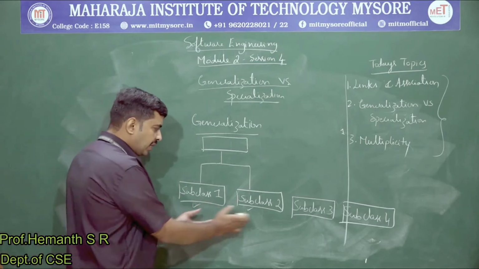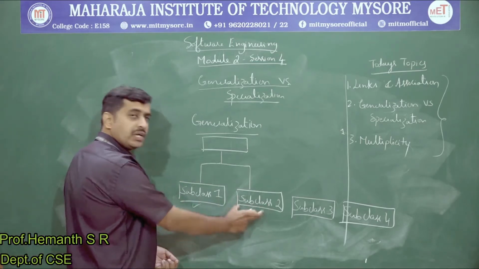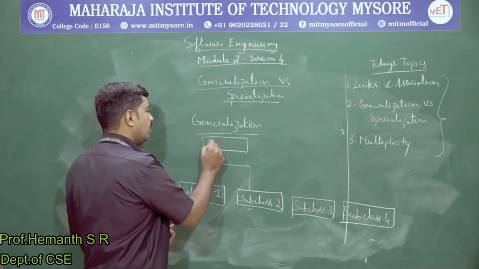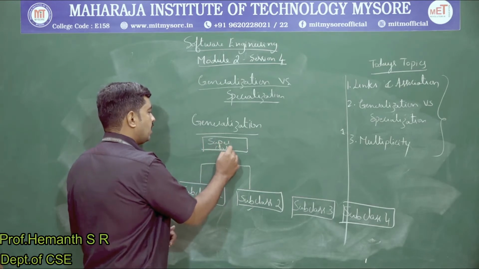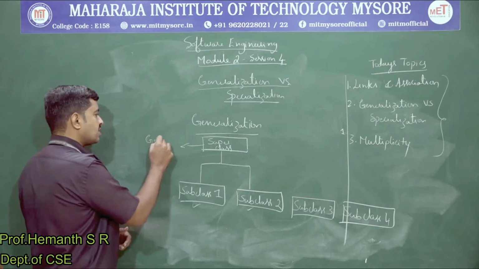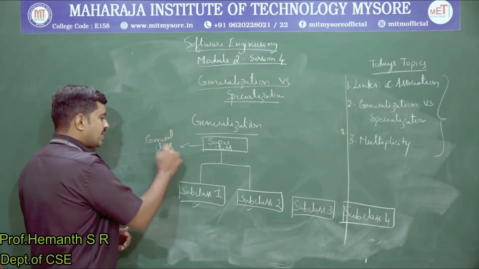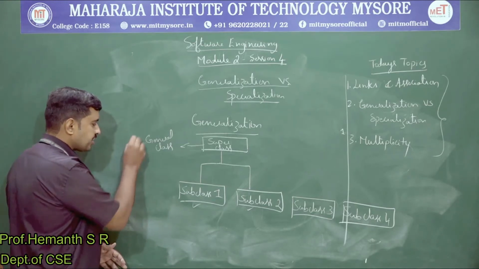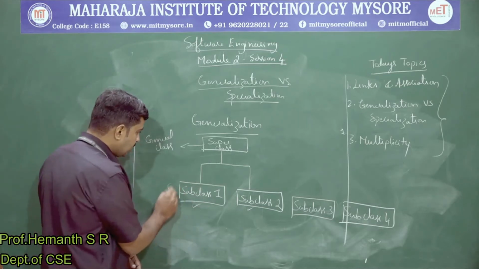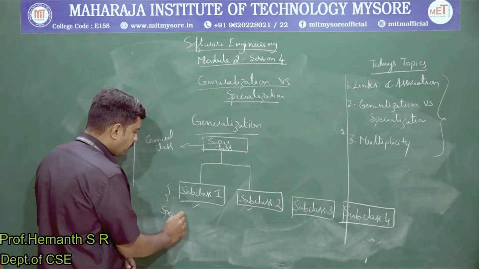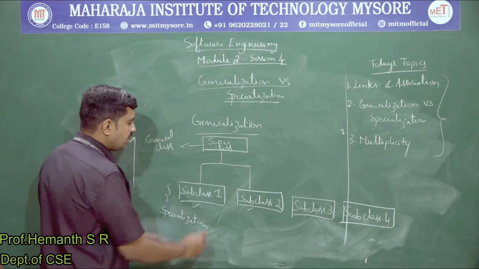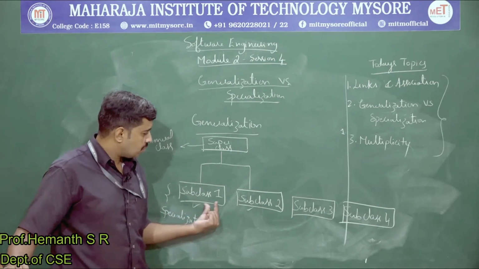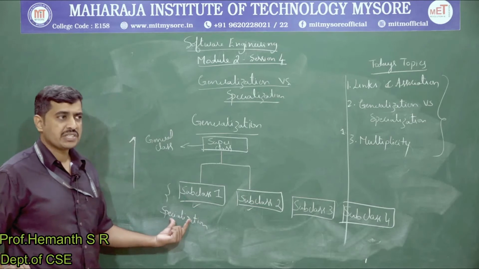Whatever attributes and properties were shared between subclass 1 and subclass 2 have been combined and a general class has been formed. We call it a superclass. In this case, the superclass is a general class. So what exactly have we done here? We have moved from specialization. Our subclass is a specialization here. Each subclass had its own specific attributes and functions, which is why we call it specialization.